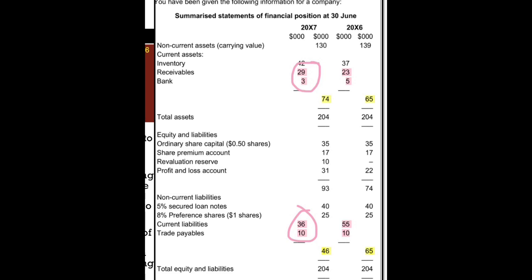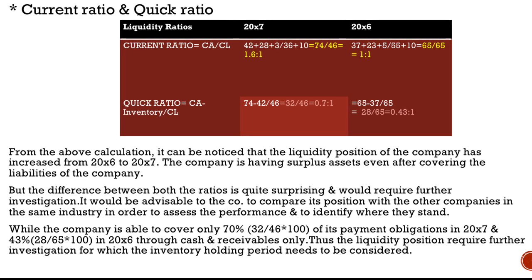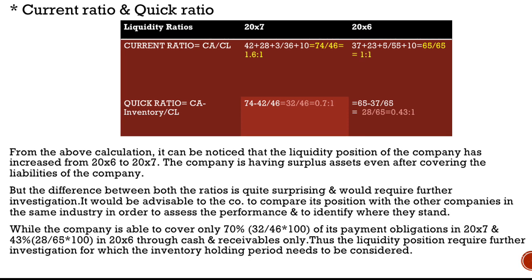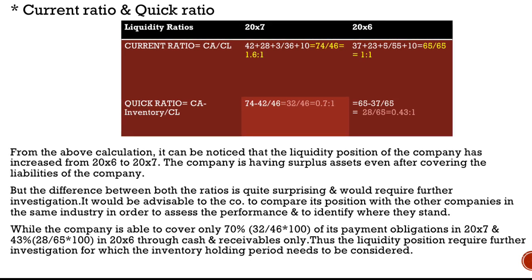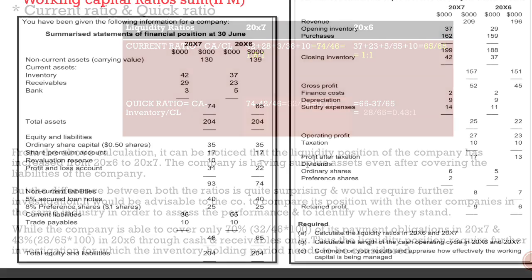Either of the ways you can calculate the current assets, that is current assets minus inventory is the formula used while calculating quick ratio. So while current liabilities will be the same 46, so you'll get 0.7:1. And below I have written one explanation. It is the answer actually for the C part of the question.